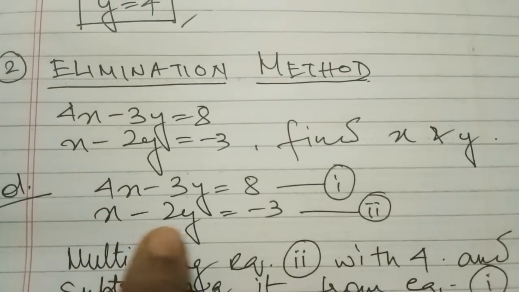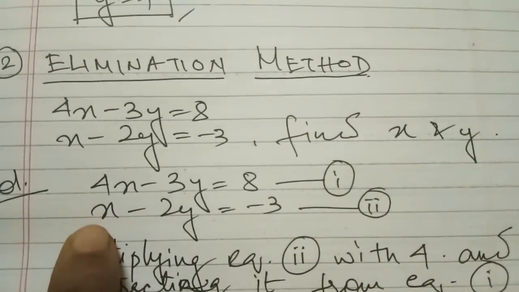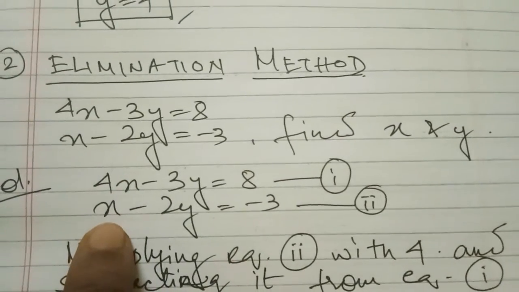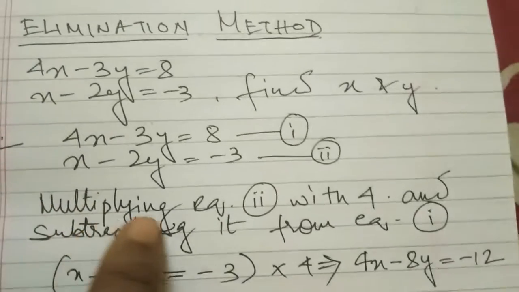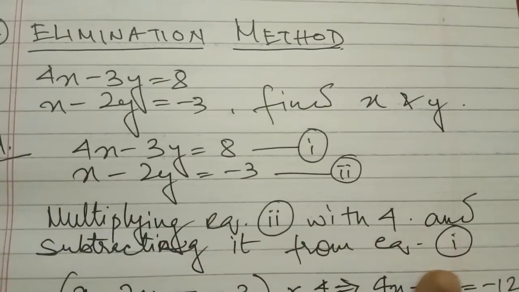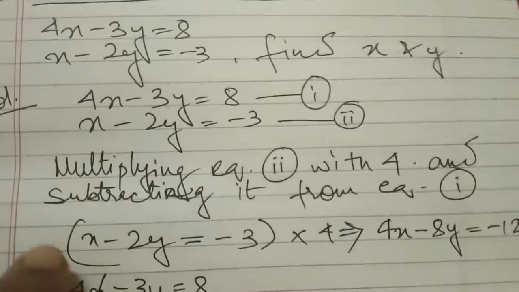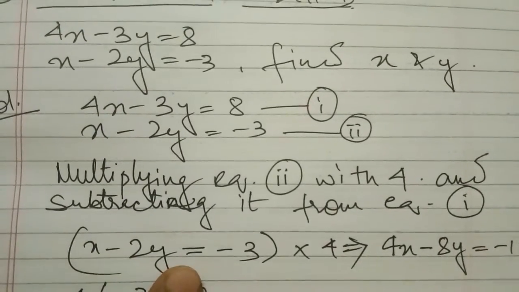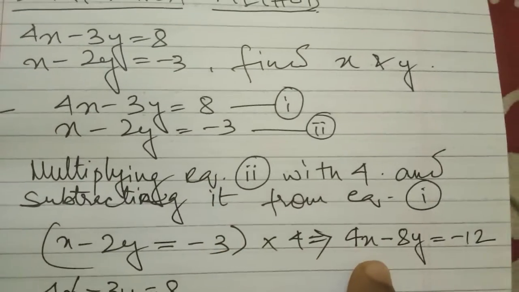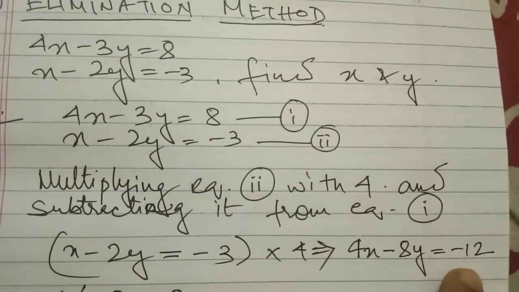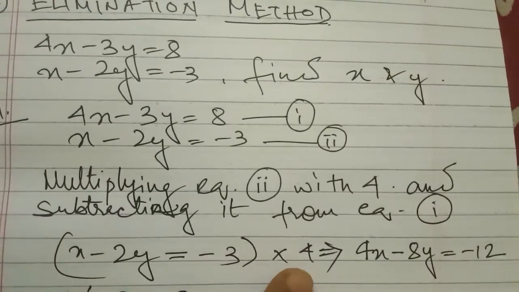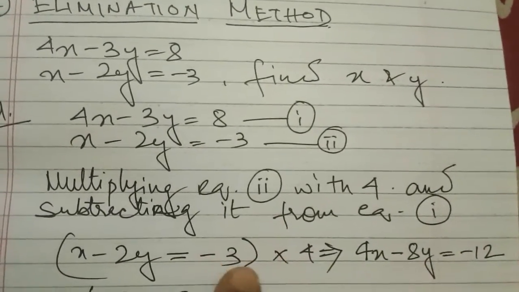If I multiply the whole second equation by 4, it will come 4x minus 8y equals minus 12, and 4x will match the first. So I multiply equation 2 by 4 and subtract it from equation 1. When multiplying, you have to multiply 4 with both sides of the equals sign.